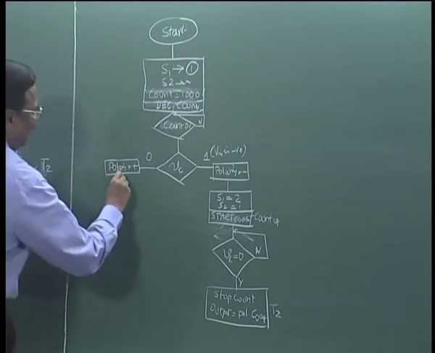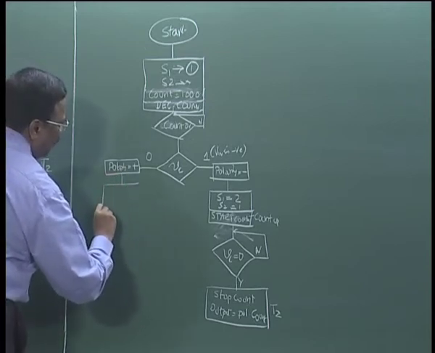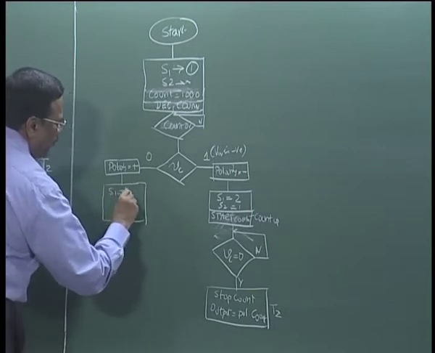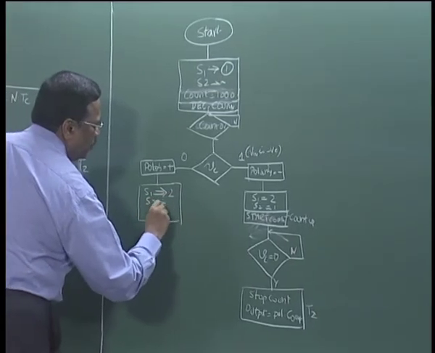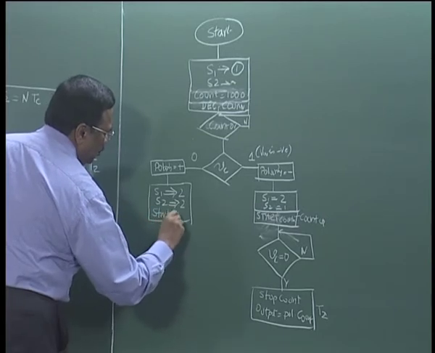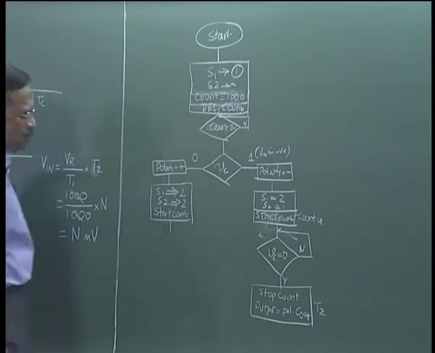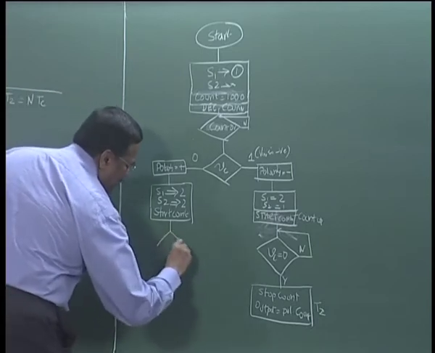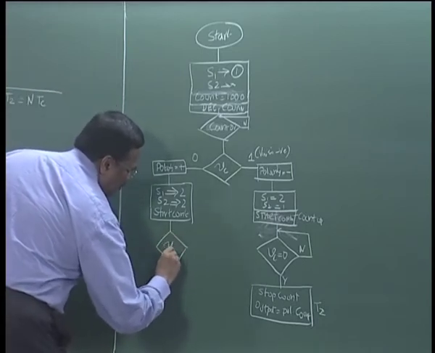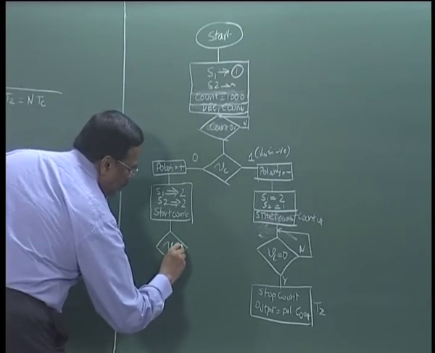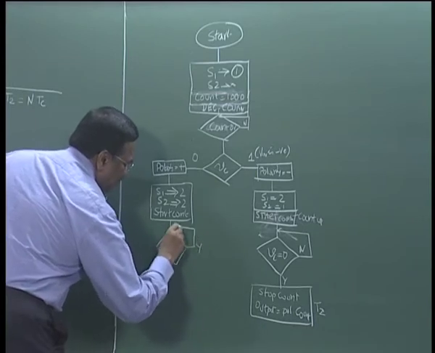Then we make S1 in position 2, S2 in position 2, and start count. Right. Once again we check Vc equal to 0, yes, we continue.